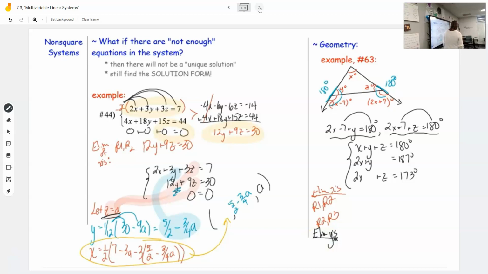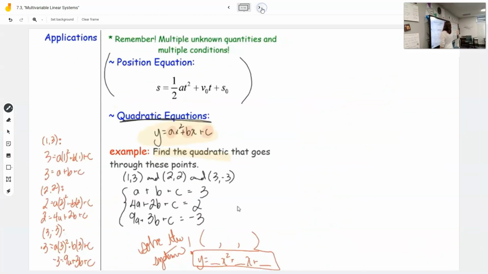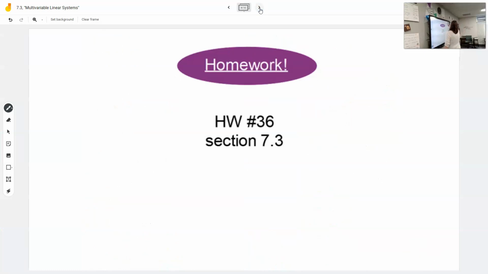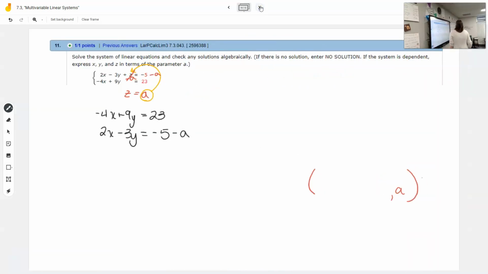That 0 equals 0 is our bottom equation. We let z equal a, and we have to back substitute like we do with every single one to figure out how x and y relate. So we're always back substituting: either a number, or no solution and we're done, or an a.